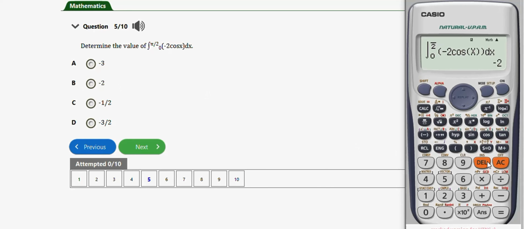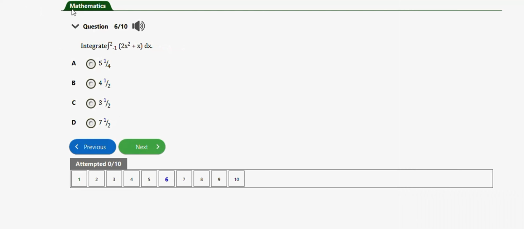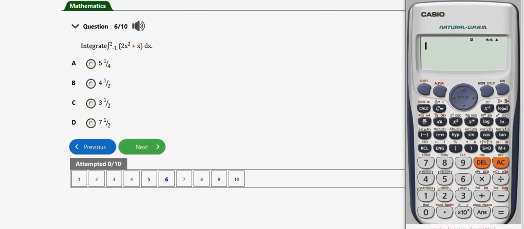Okay, so let's solve the next question. Quick, this one, it says integrate this function. So this is still definite. Let's bring the calculator. So for this question, we make use of this integral sign. The upper limit is 2, the lower limit is negative 1. Then come to this place and put the function.